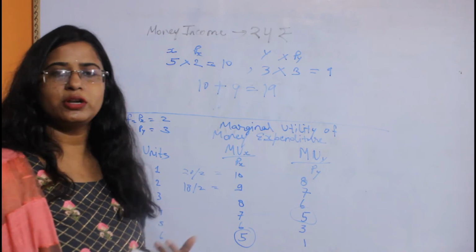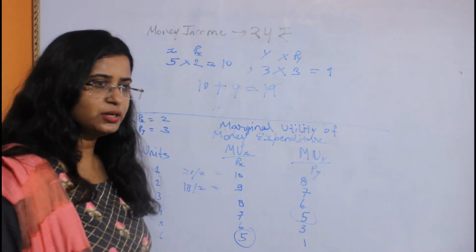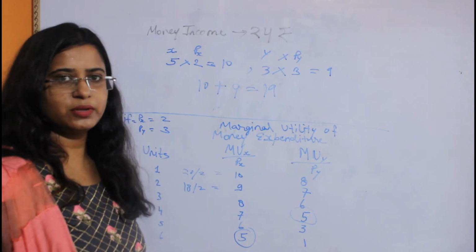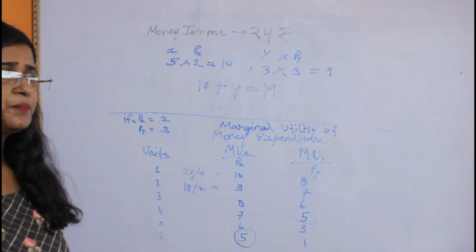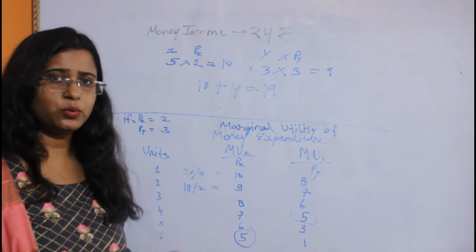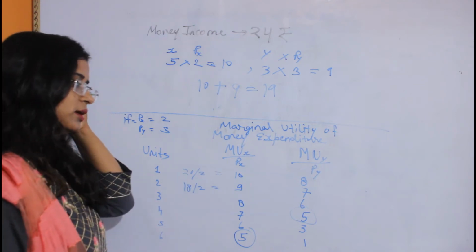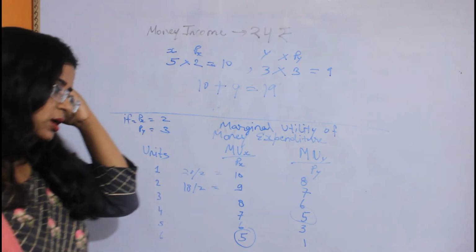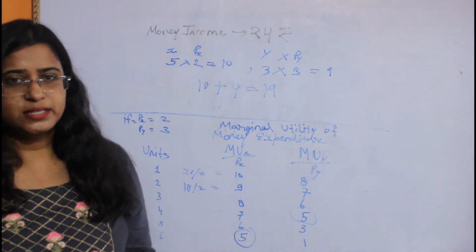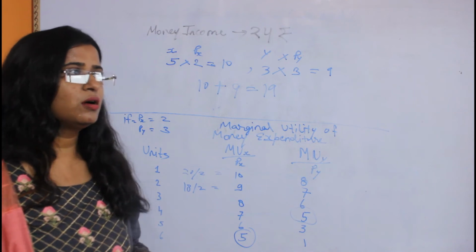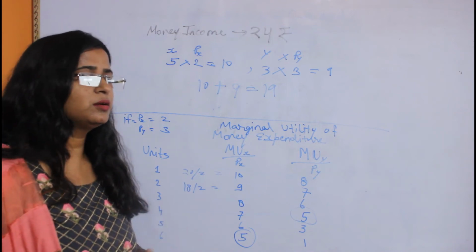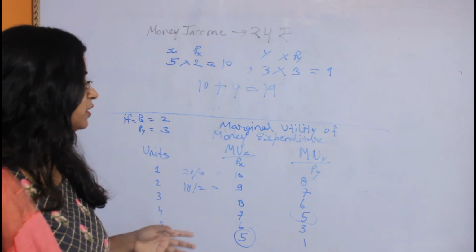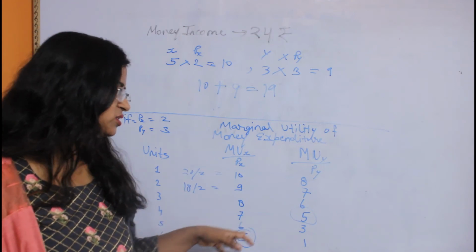So this violates our very assumption, because he is not spending all his money on purchasing both goods. So this is not the equilibrium point, because the consumer wants maximum satisfaction or the fulfillment of his maximum desire. So he will not choose this combination.